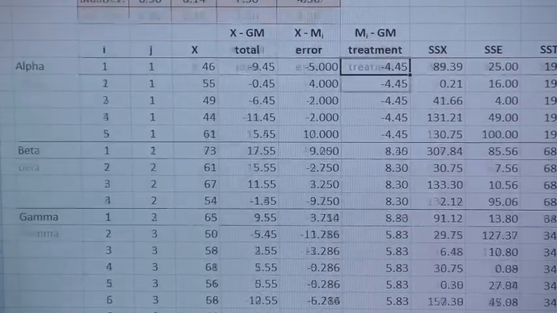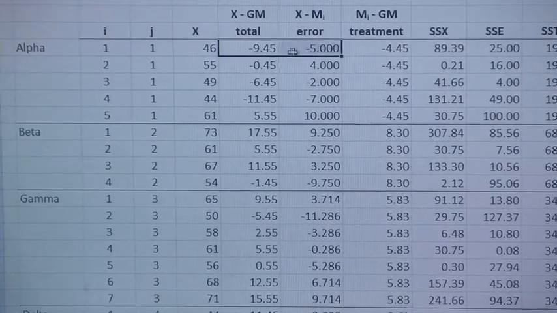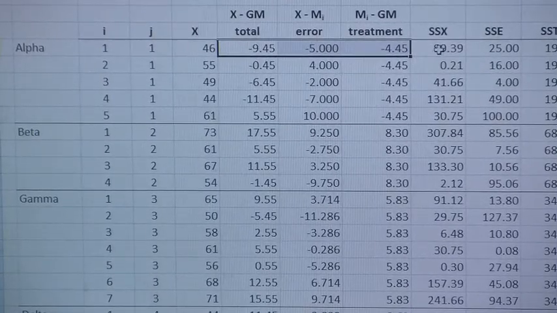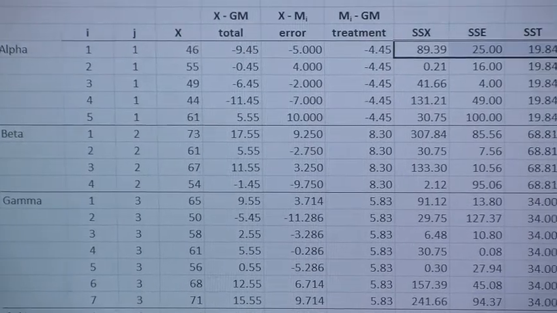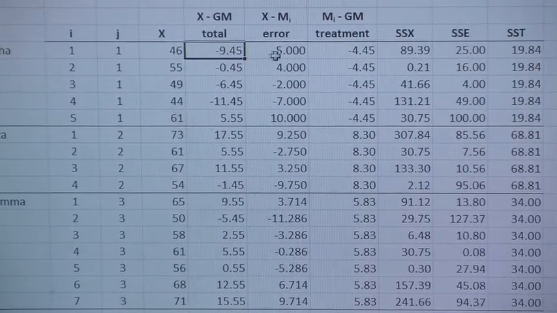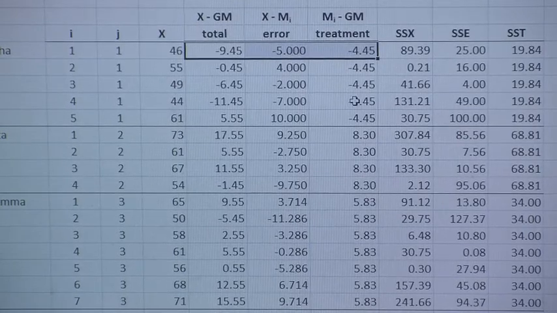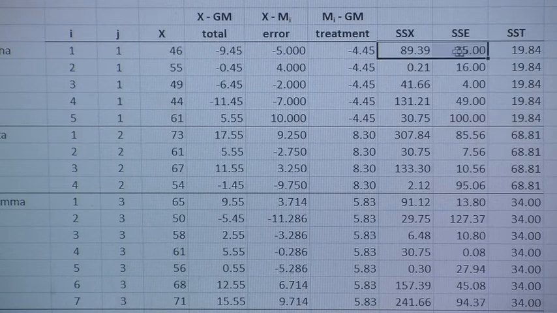I want to emphasize, that works here, but it doesn't work here on a line-by-line basis, because when we square the deviations, whereas if you'll recall from earlier in the semester, the deviations always sum to 0, but when you square the deviations, they don't sum to 0. So if you say, well, wait a minute, 89.39 is not equal to 25 plus 19.84, it's not supposed to. If it did, we would have some serious problems there.